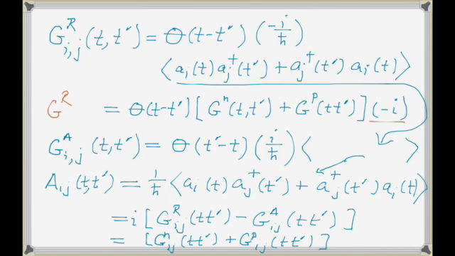Because if you look at the stuff in the brackets, if I take the dagger of all that stuff in the brackets, nothing changes, because one term just goes into the other term. And so the thing in the brackets is Hermitian.